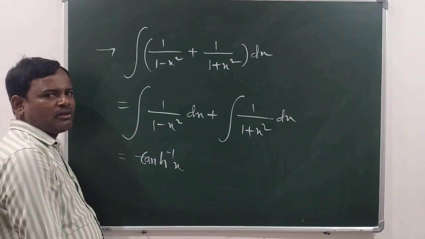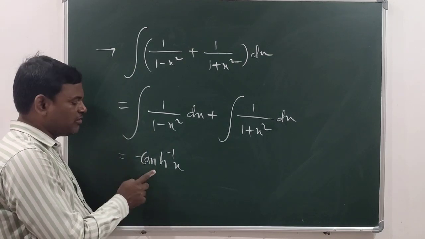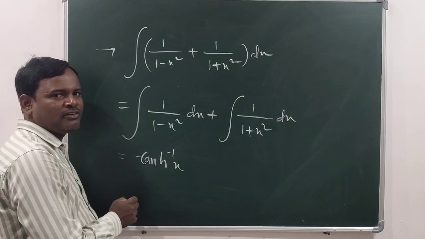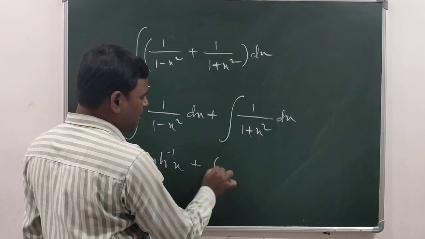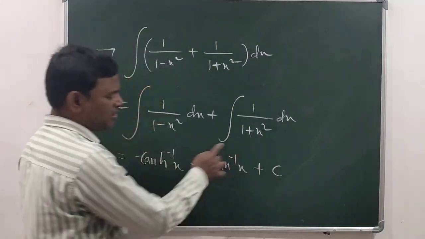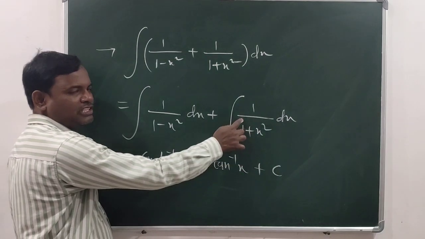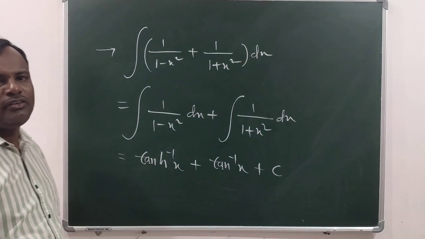Okay, so hence the integration of this 1 by 1 minus x square will be tan h inverse of x. As you know, the differentiation of this function will be tan inverse of x plus c, because the differentiation of tan inverse of x is this one. Now, when you find whose integration, we will get tan inverse of x.